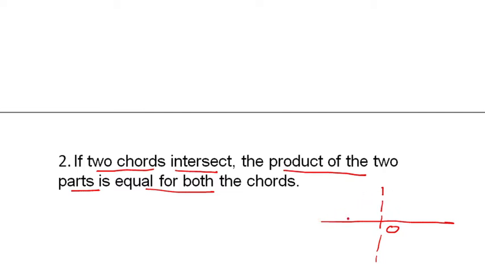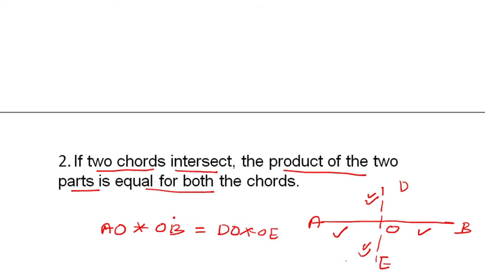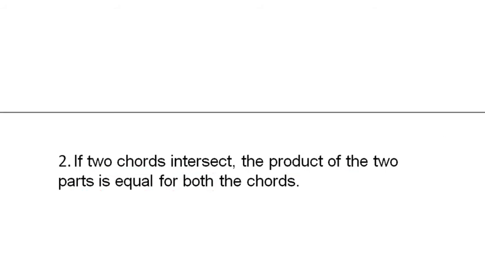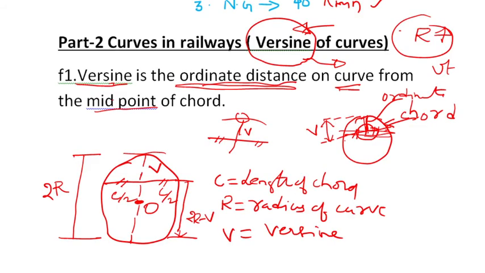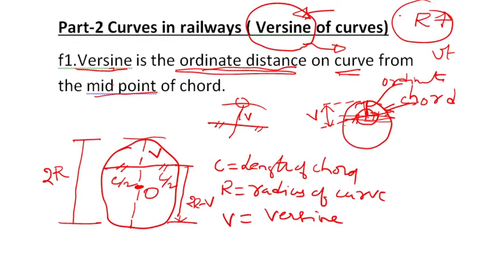Let us say this is A, B and this is D and E. So AO into OB, the two parts of this chord, is equal to DO into OE. So the product of parts are equal. The same concept we will apply for our versine.